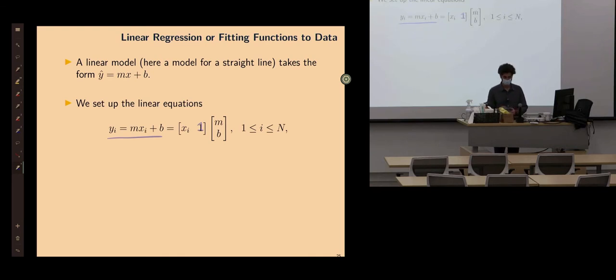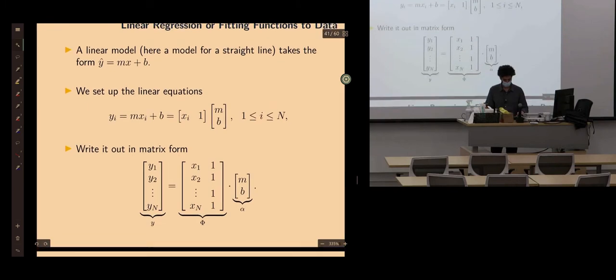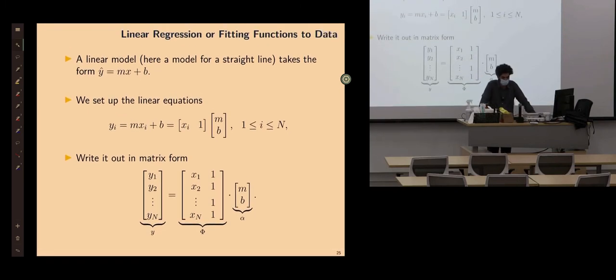We separate them, and that gives us a row vector times a column vector of unknowns. So we get a row per row of that data table. And we have n of them, here 5 of them. So the next thing, we're going to stack them in a matrix form.